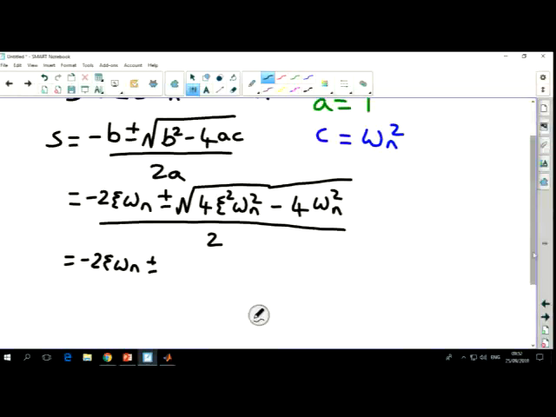So 4 is common to both, so we can take out the square root of 4. The omega n squared is common to both, so we can take out the square root of omega n squared. And then we're left with zeta squared minus 1, and that whole thing is still over 2.